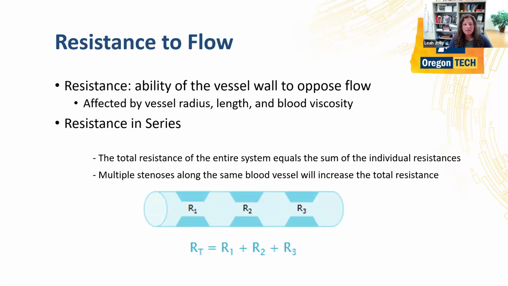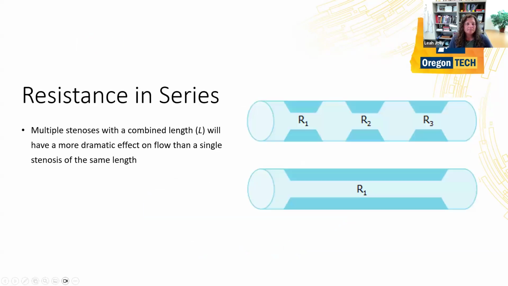It's harder for the blood to keep moving. So we might get a big velocity increase here, but then we get to this next one, not as high of a velocity increase, and this third one, possibly even normal looking velocities, because we've lost a bunch of energy going through all these narrowings. So this patient is probably going to be having some symptoms.